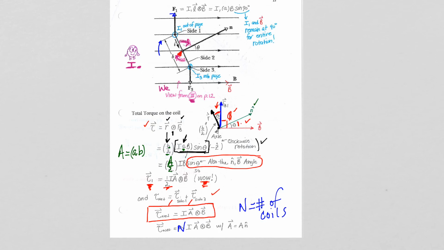So when this coil rotates to its upright position, the n hat will be perfectly aligned with the B field, and that is where we said there is no torque.